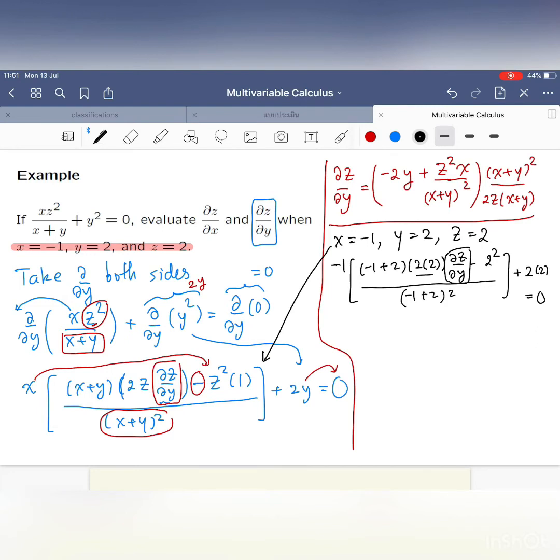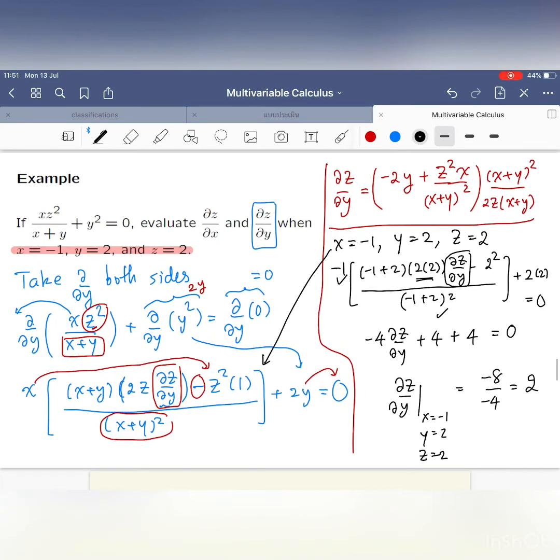So you have 4 - 4 dz/dy over 1, minus, so it will be a plus 4, and then another 4 equals 0. So your dz/dy at this particular point, x is -1, y is 2, z is 2, equals -8 over -4, which is again a 2. They happen to be the same.